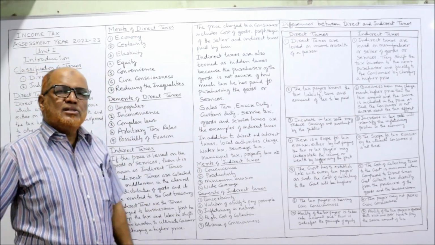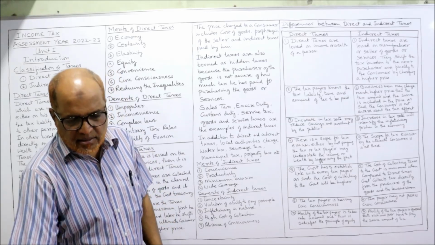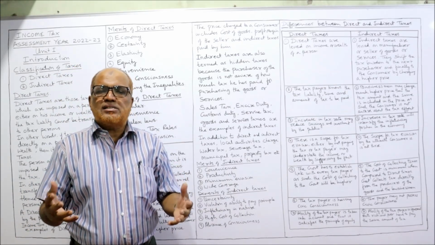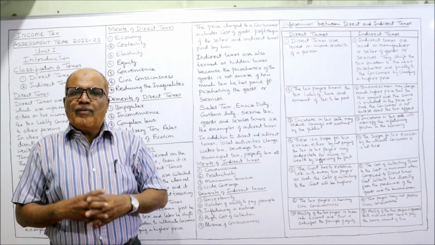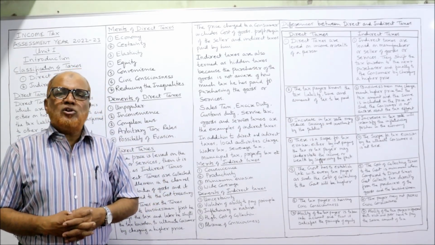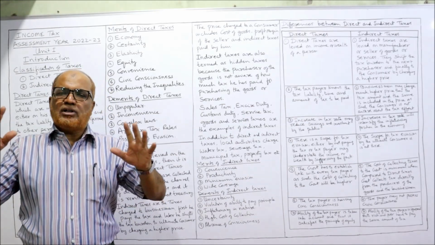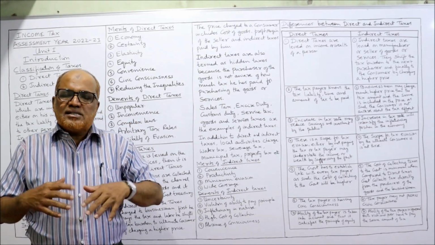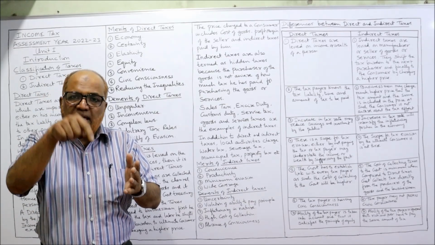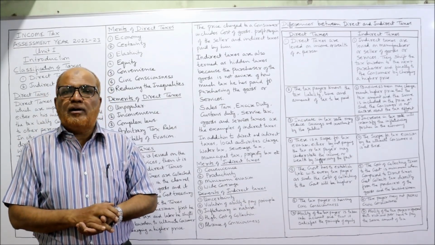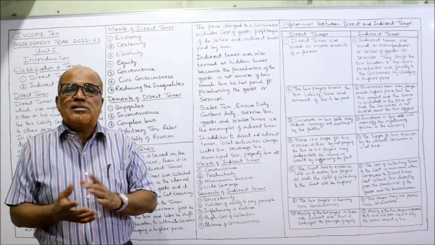Last one, absence of consciousness. There is no civic consciousness in case of indirect taxes. When we ask somebody at what price he purchased the air conditioner, he will say 40,000. That's all. He says that he has paid only the price, but he doesn't know that taxes are also included in that price. There is lack of civic consciousness.